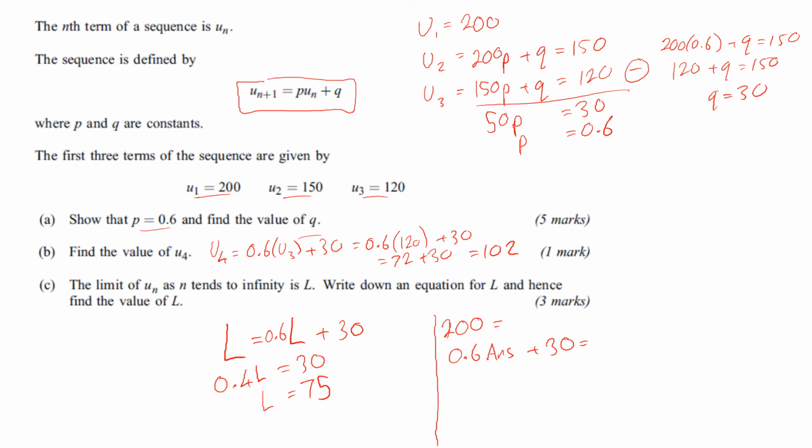And then we just want to repeat that process. If we do that, you should get 150, 120, 102, 91.2, and you can keep pressing equals for a long time. And as you do that, you'll see that your numbers are getting closer and closer to 75. Try that out for yourself, because it's a good way to convince yourself that you're right.